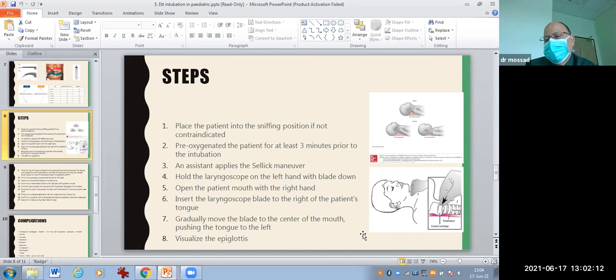Okay, so it is very important. And also for premedication for neonates, especially atropine, we are not using it regularly. Maybe for older ones. Okay, because the dose of adrenaline for newborns is a bit different.